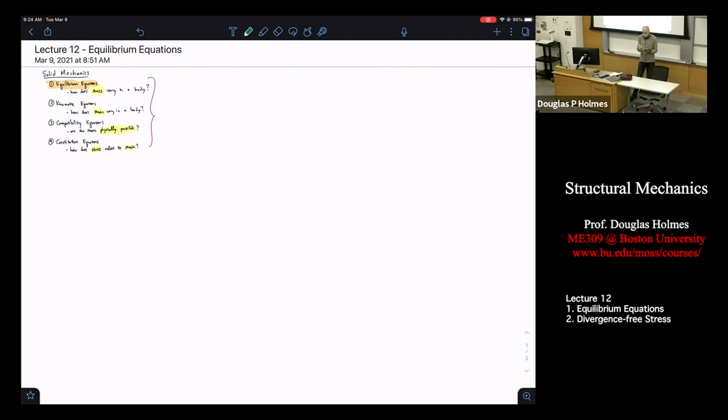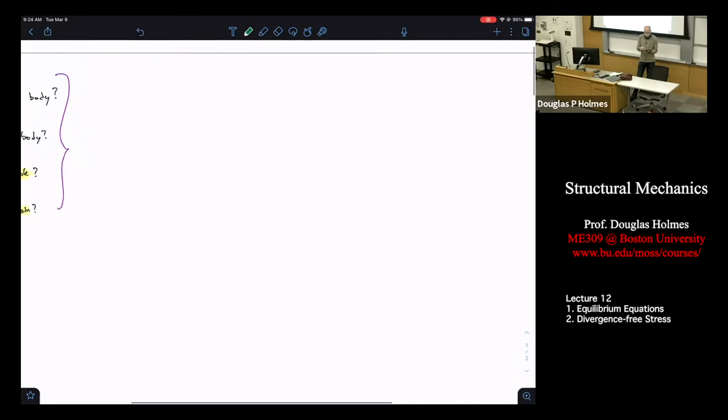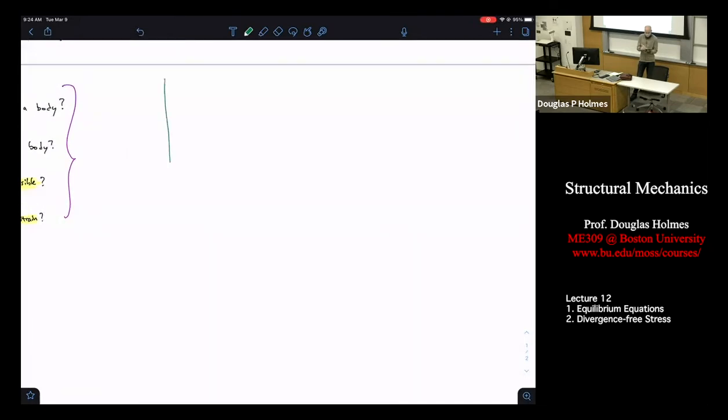But what we can do is we can say, let's look at a slice of an object. So I'm going to draw my coordinate system. I will say this is my x direction. This is my y direction. We're going to consider a thin element.